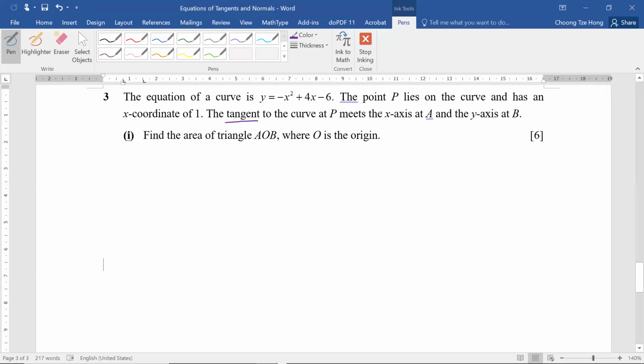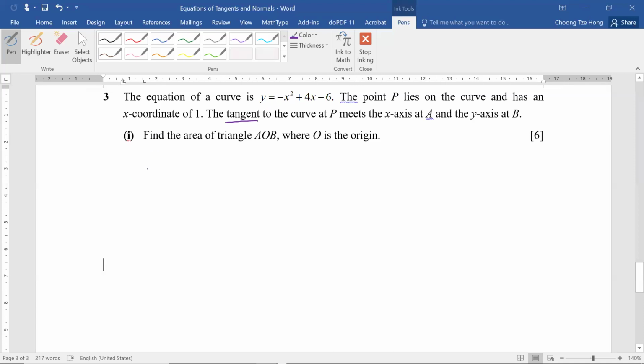The point P lies on the curve and has an x coordinate of 1, so the tangent and the curve will both pass through this point. We can easily find the y coordinate of P by substituting 1 into the equation of the curve. That will be the first thing we are going to do.